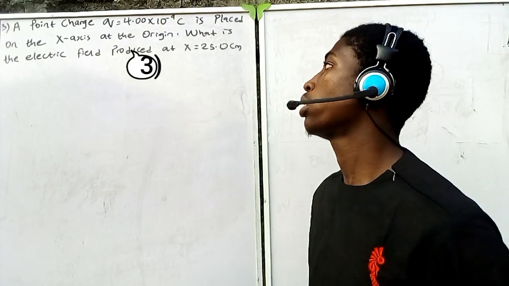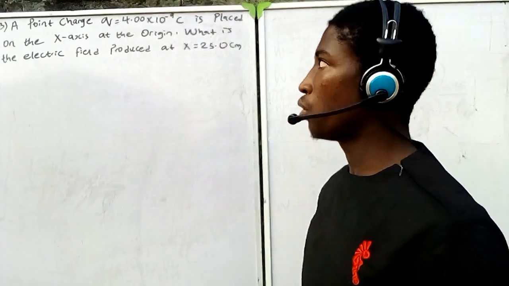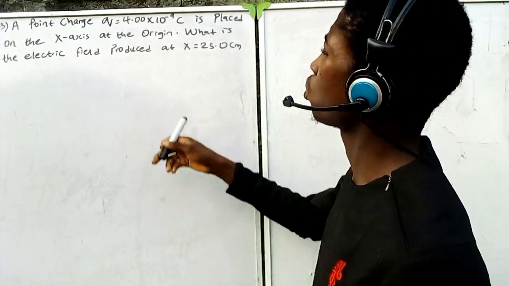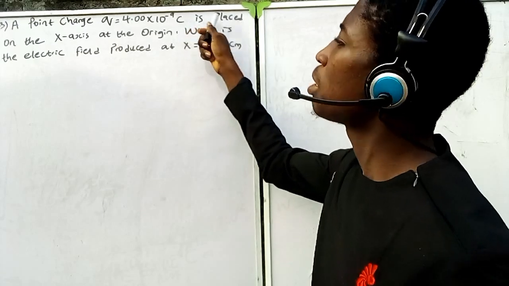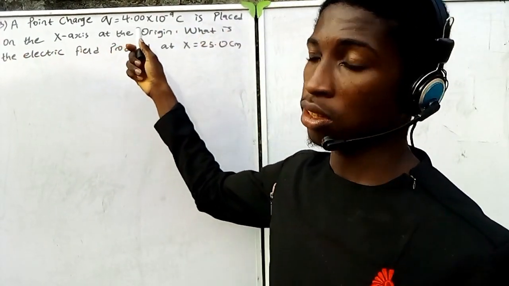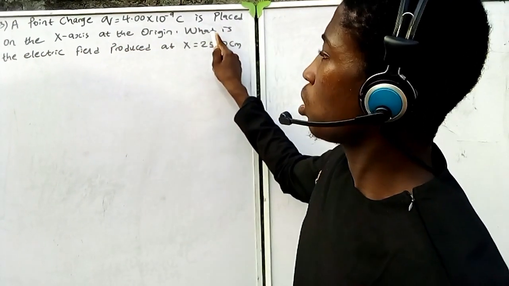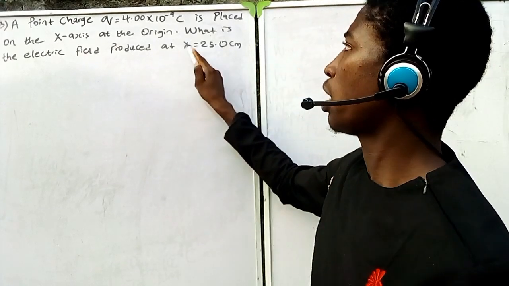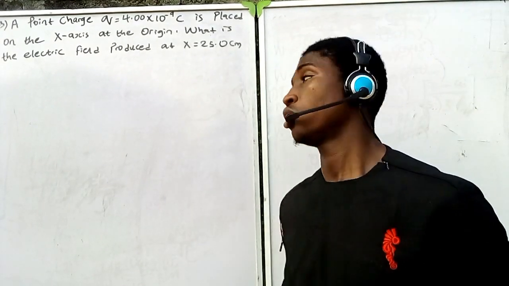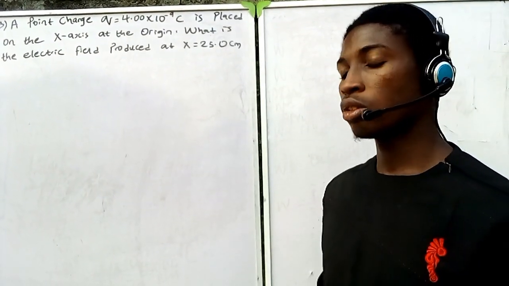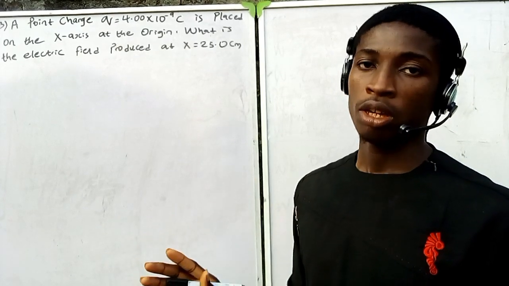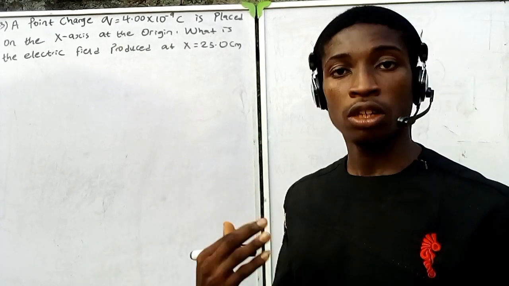Question 3 says: a point charge Q equal to 4.00 times 10 to the power of negative 9 coulomb is placed on the x-axis at the origin. What is the electric field produced at x equals 25.0 centimeters on the x-axis? We're not making use of the vector now because there's no point P feeling the electric field.